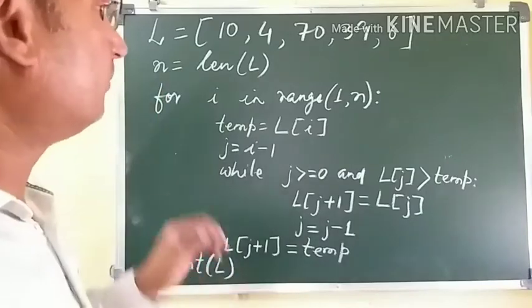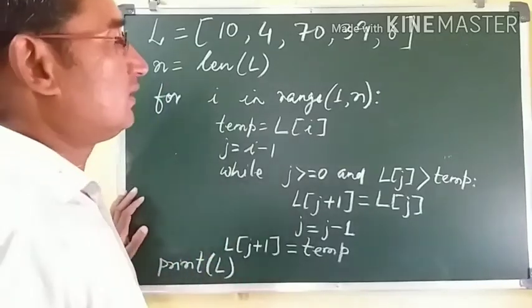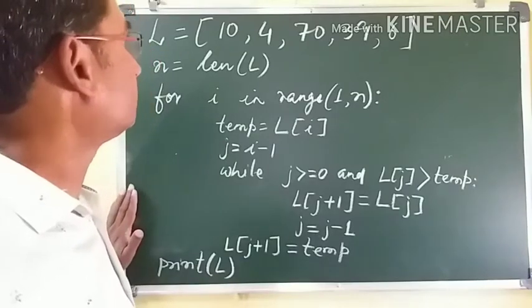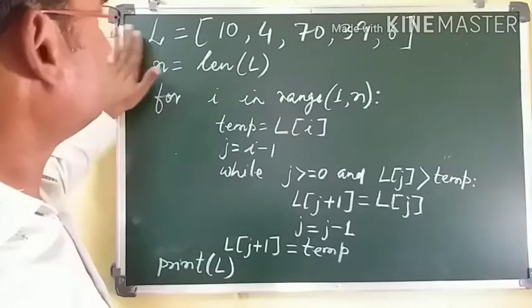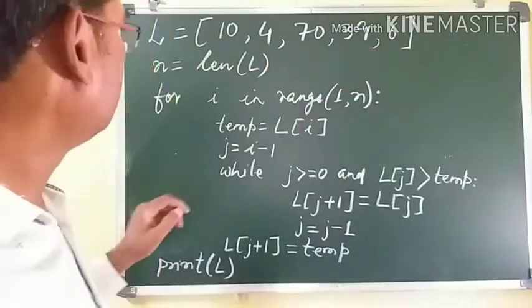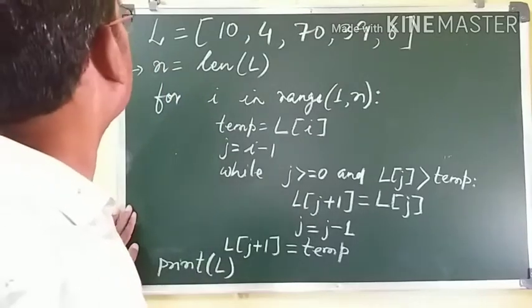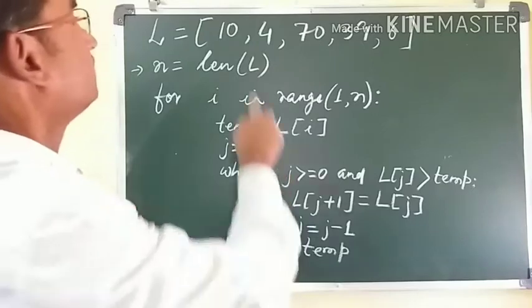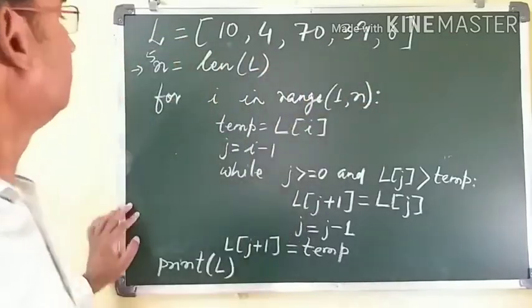Now this is the program through which we can arrange a list into ascending order using insertion sort technique. First we have taken a list of 5 elements, the elements 10, 4, 70, 39, 6. In this statement we have found the length of this list, 1, 2, 3, 4, 5. The value of n is 5 here.